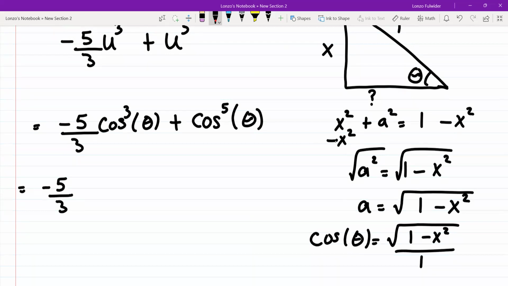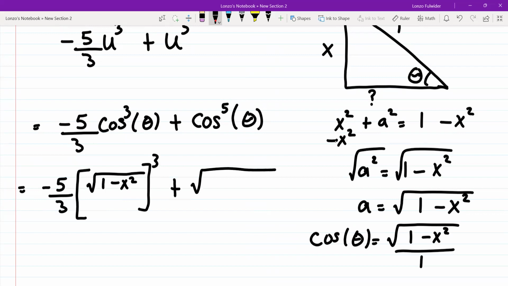It's cosine to the third power, or cosine times cosine times cosine. So you can rewrite this as square root of 1 minus x squared, and then we have to raise it to the third power, right? And then cosine to the 5th power is the same thing as square root of 1 minus x squared raised to the 5th power.